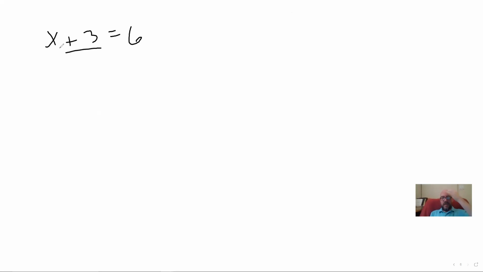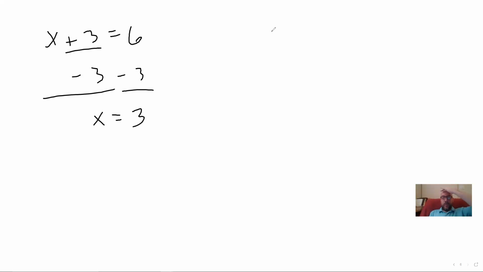Adding 3 to something is a function, as we saw with the x plus 2 bit a couple screens back. The way we undo adding 3 is subtracting 3. Minus 3 is the inverse of plus 3. So whenever you're solving an equation, you're actually using inverse functions all the time. And if I wanted to solve this, I've got a plus 3 that I need to cancel out, which is what inverses do.